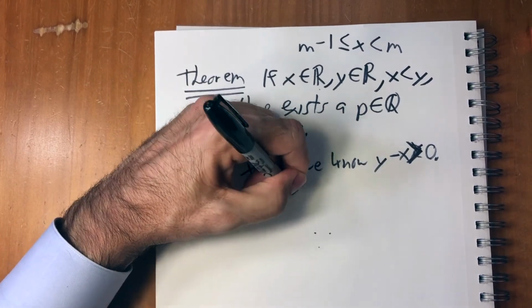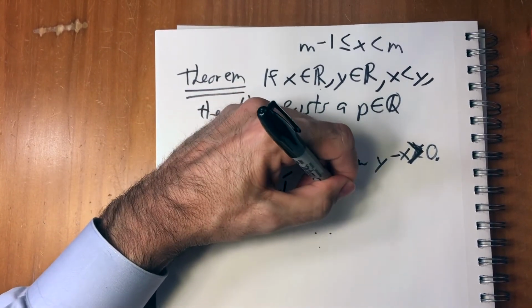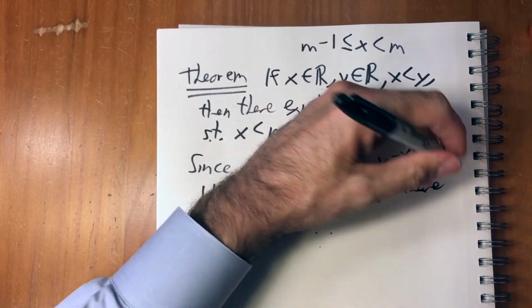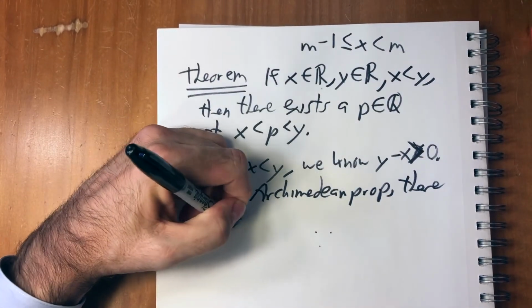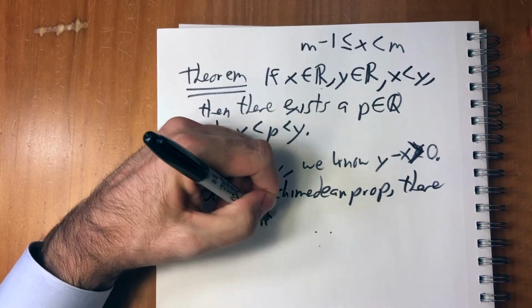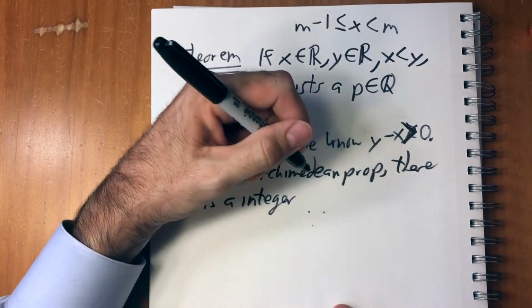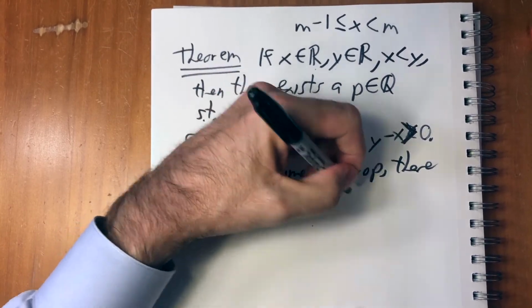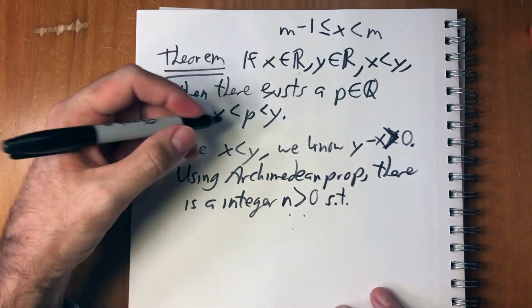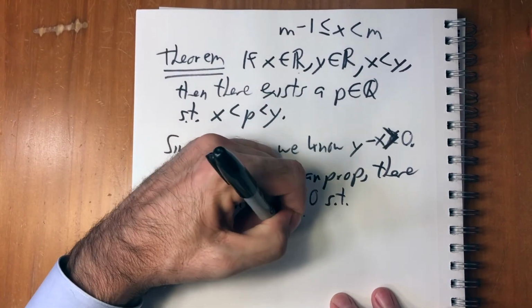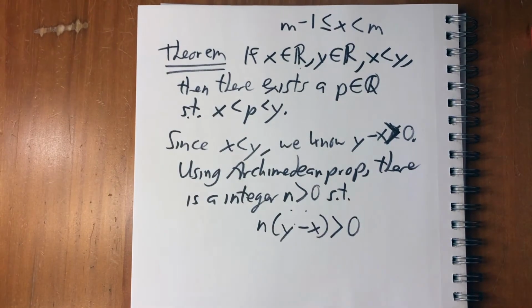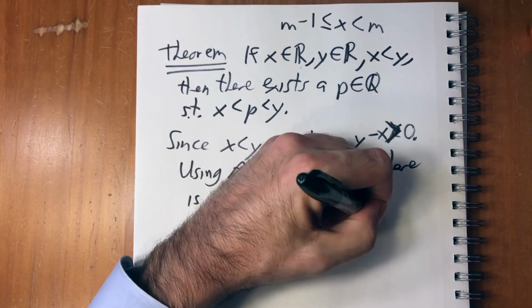Using the Archimedean property, we can find an integer n greater than 0, so a positive integer, such that n times (y minus x) is greater than 1.